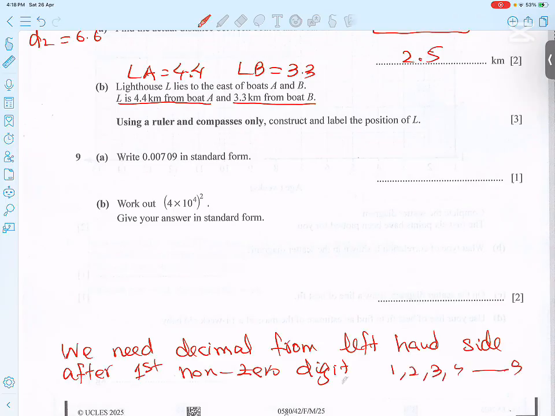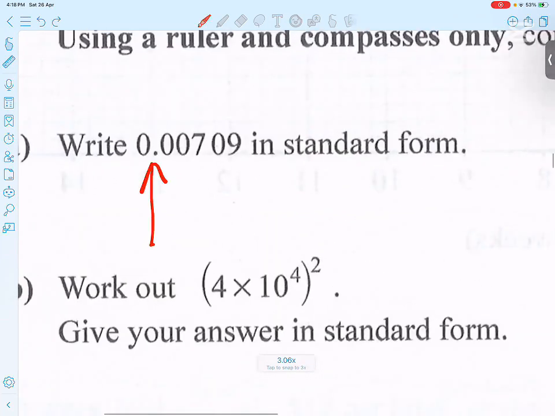For example, where is the decimal hidden here? The decimal is visible here. But where do I need the decimal? Look here. Is this non-zero? Not at all. Is it non-zero? Not at all. Left side I'm counting. Is it non-zero? Not at all. Is it non-zero? Yes. So it should be from this side.